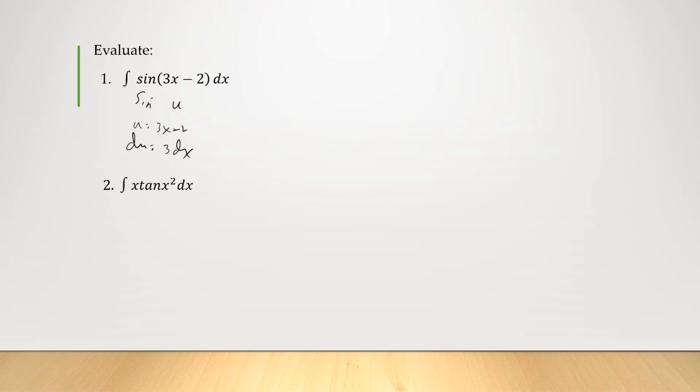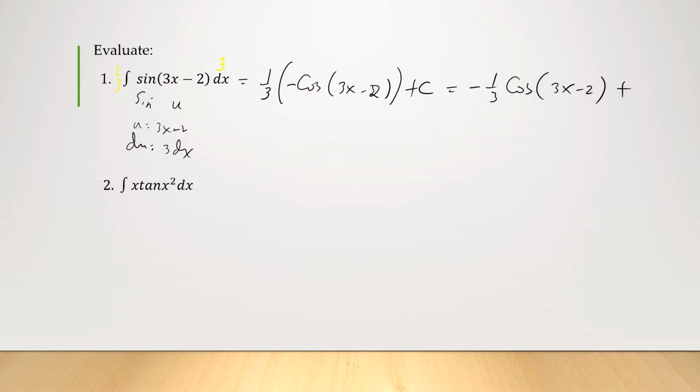And we know that we need to complete our du by introducing 3 and multiplying by 1/3. So our answer here will be 1/3, and the integral of sine u is the negative of cosine of u, or 3x minus 2, plus c, or negative 1/3 of cosine of 3x minus 2 plus c.